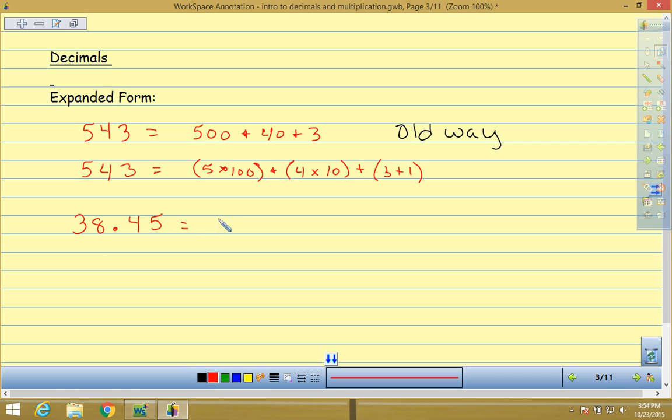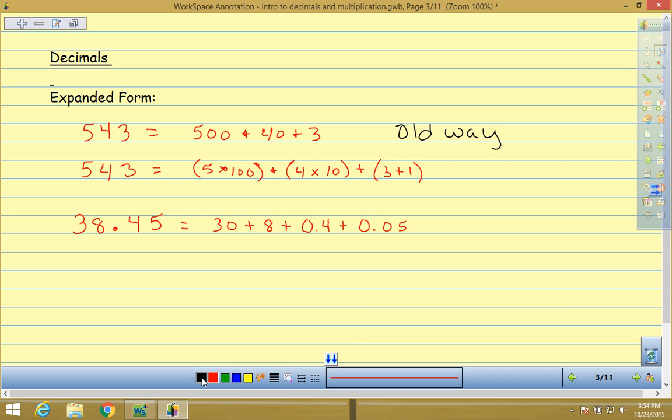So here we would have 30 plus 8 plus, now we're into the tenths to the right of the decimal, plus 0.4, 4 tenths is the proper way to say that, and then we would add 5 hundredths to that.